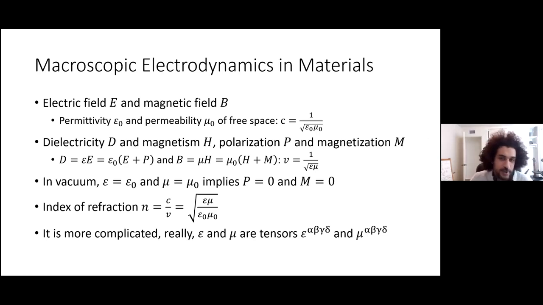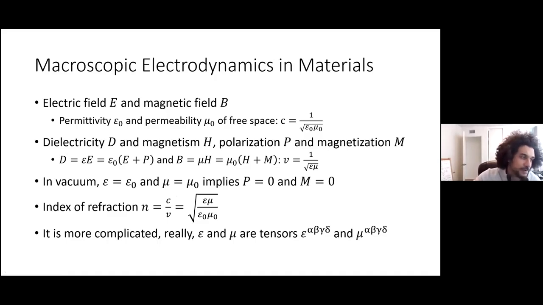And these quantities end up in the equation for the index of refraction. So the speed of light in materials ends up using these epsilon and mu instead of the epsilon naught and mu naught. And you basically take the ratio of the speed of light in vacuum to the speed of light in material to get the index of refraction.